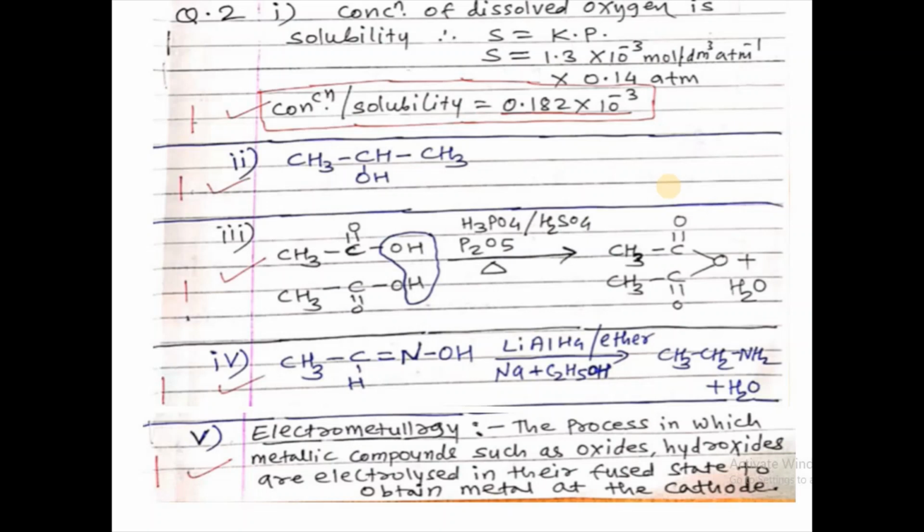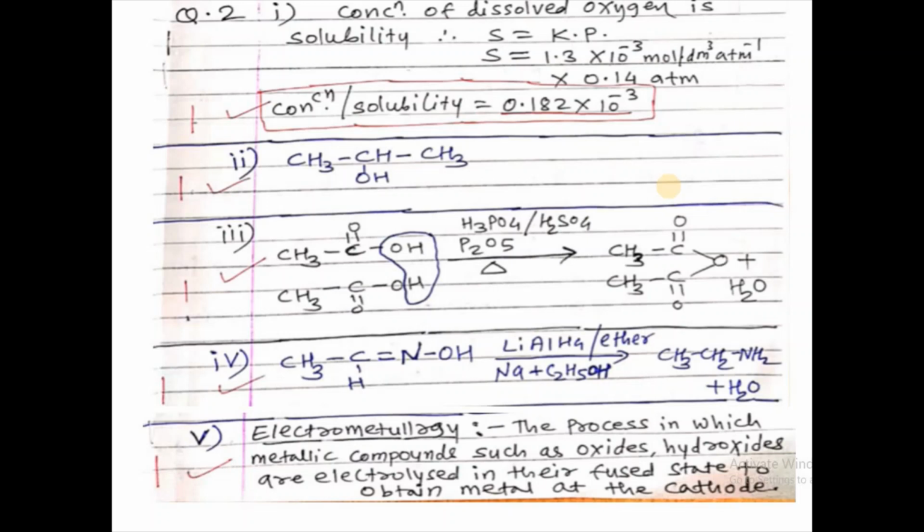And we have to use the formula S is equal to Kp, and Henry's constant K is given 1.3 into 10 raised to minus 3, and we have taken here 1.3 into 10 raised to minus 3 into 0.14, and it is the partial pressure given, hence we have to multiply these two and we will get 0.182 into 10 raised to minus 3 or 1.82 into 10 raised to minus 4. You have to write only this 0.182 into 10 raised to minus 3 or 1.82 into 10 raised to minus 3 moles per dm cube is the answer.